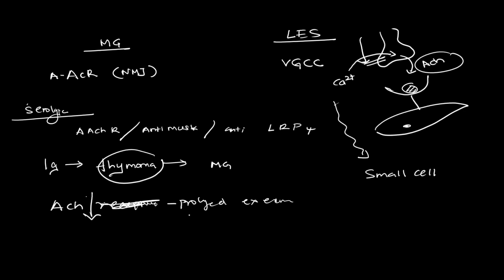We have to mitigate this problem by increasing the amount of acetylcholine that is present. This is done by employing an acetylcholinesterase inhibitor, acetylcholinesterase being an enzyme that breaks down acetylcholine. By inhibiting this, we can increase the acetylcholine concentration. So myasthenia gravis is pharmacologically treated by adding an acetylcholinesterase inhibitor. Are we clear?